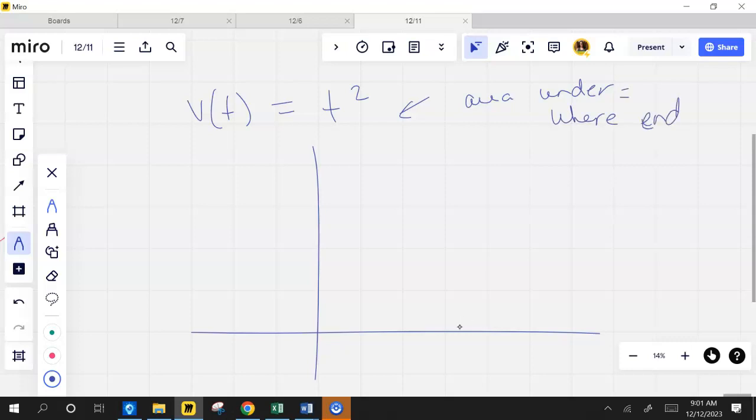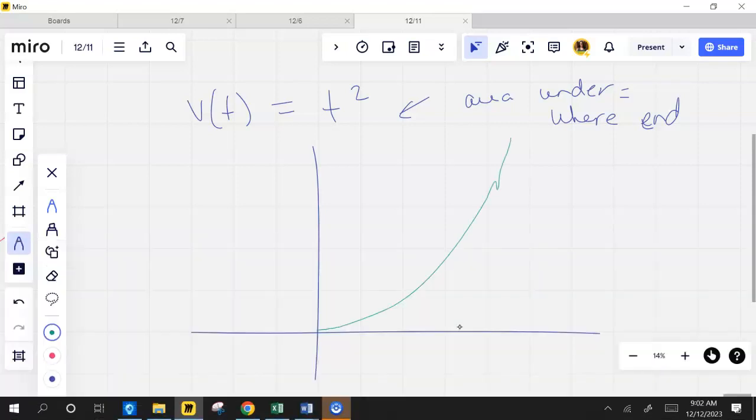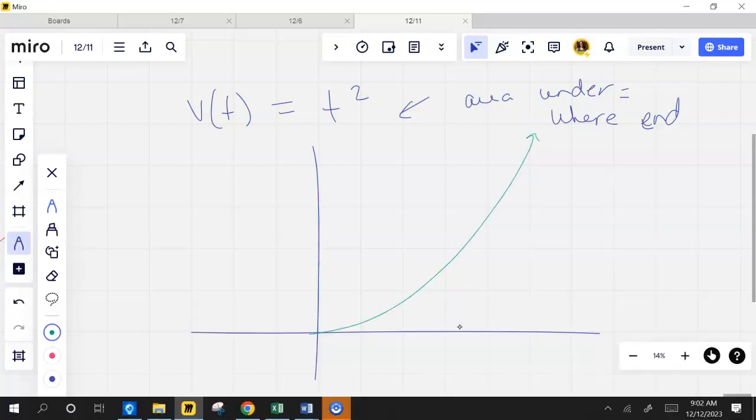It is the position at that point. Right. Why am I only doing that side of that parabola? Positive, because I can't have negative time, right?